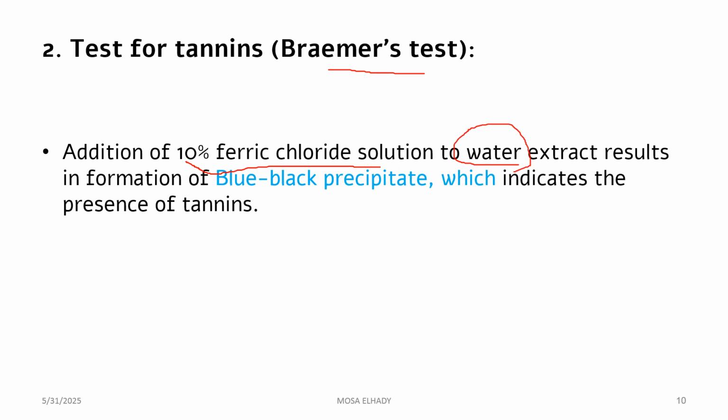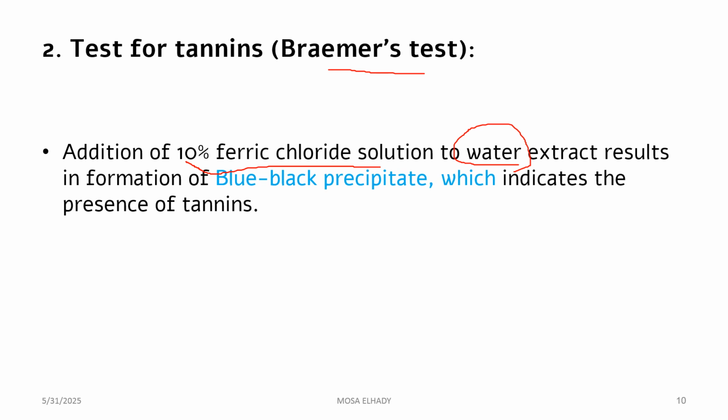We separate the debris of cells from the water extract by filtration and concentration to a suitable level. The next step is analysis. We add the 10% ferric chloride reagent.